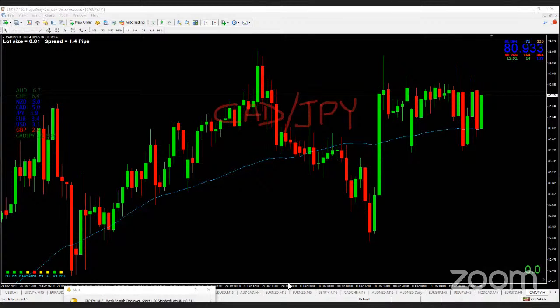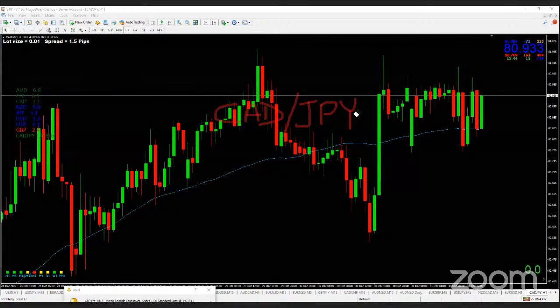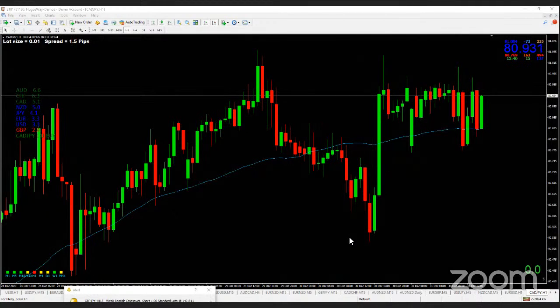Okay, let's take this off. So as an extra tool to help you, you could basically throw in the 50 period moving average and decide, okay, from looking at this now, because the price is currently above the 50 SMA, I'll be looking to buy only.